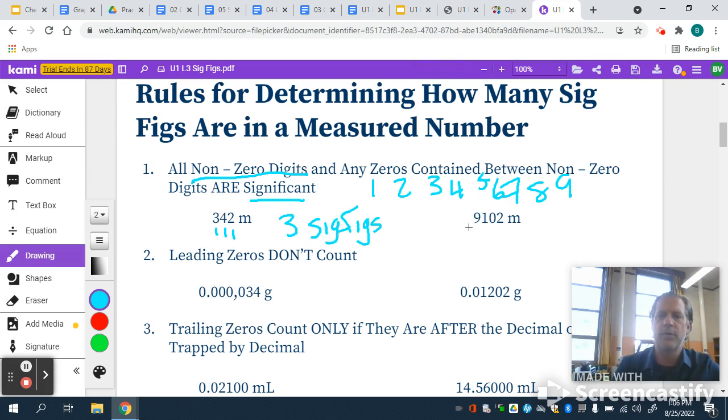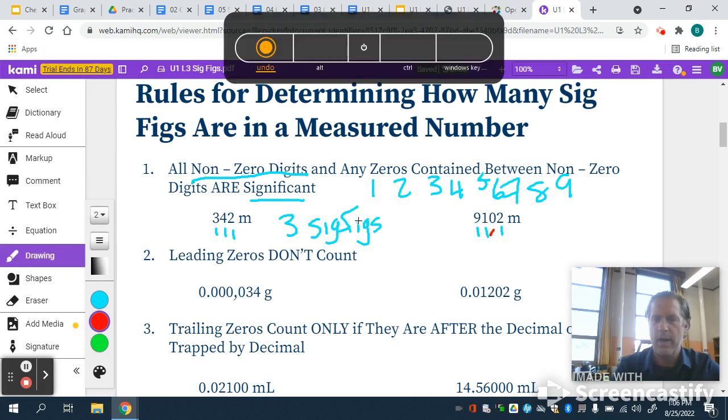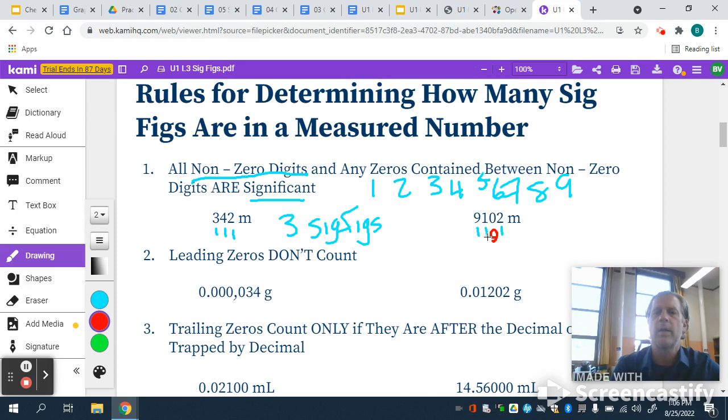Okay. If we look at this next number over here, I have a 9, a 1, and a 2, but I also happen to have a 0 right here. In this instance, this is the second part of the rule where it says zeros contained between non-zero digits are significant.